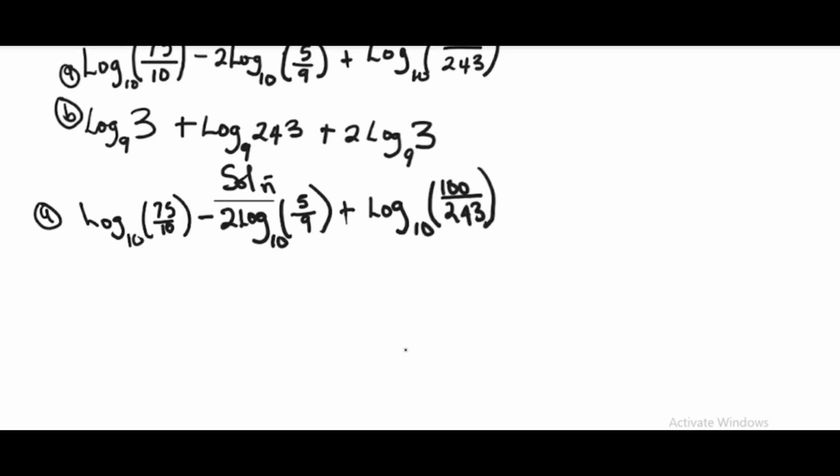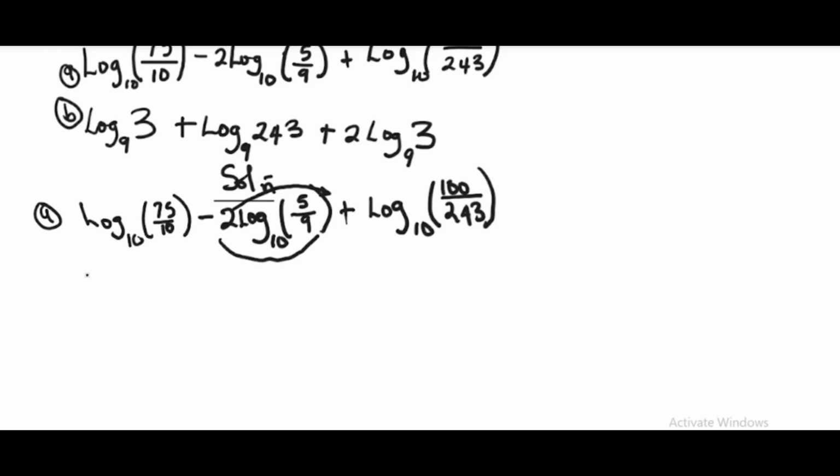All right. So now, seeing this minus sign, what comes to my mind should be division law. So that means I can actually have these two go back to this place.